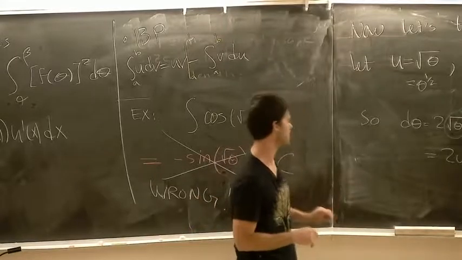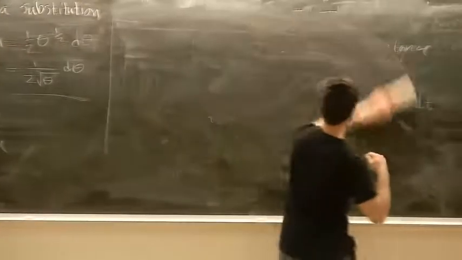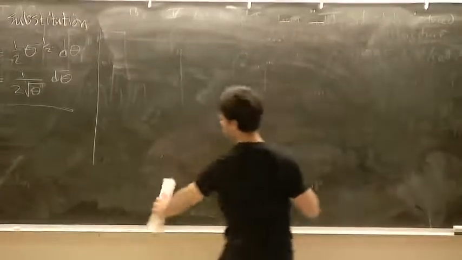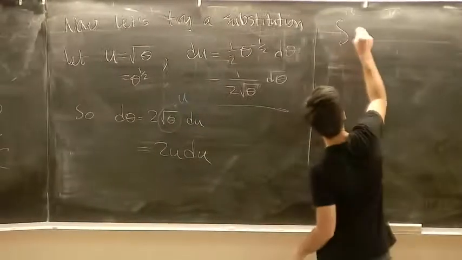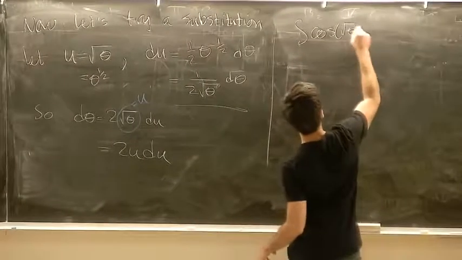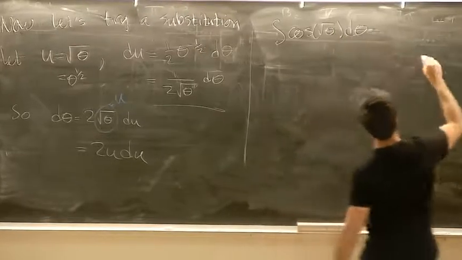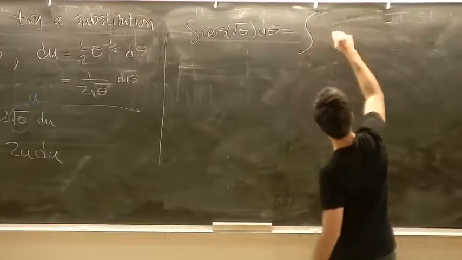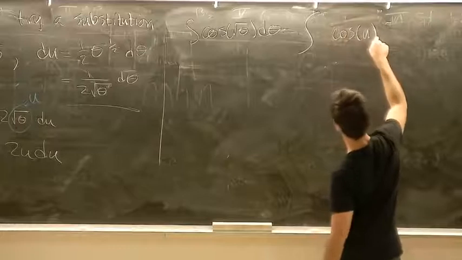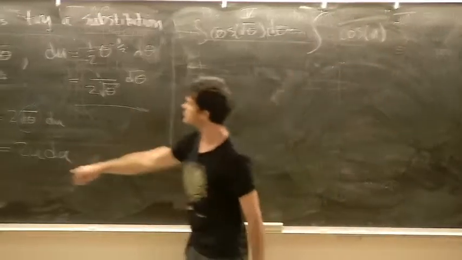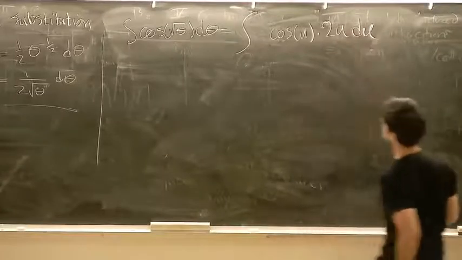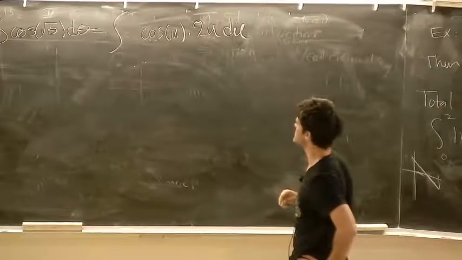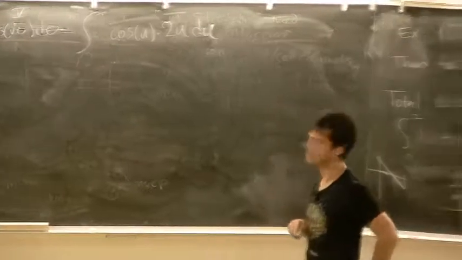Once you've realized that, this becomes a bit more manageable. So let's plug everything in. That's cos of u, and d theta is 2u du. Did that improve things?